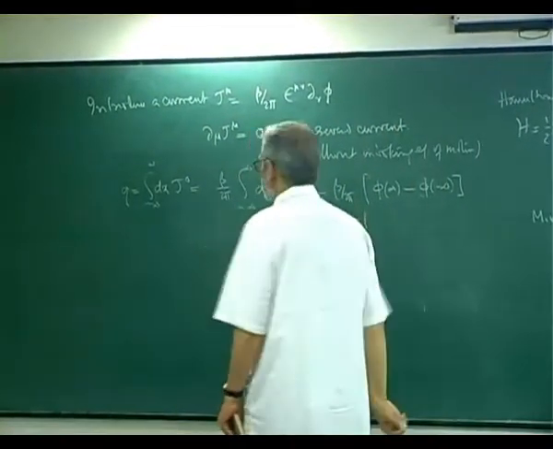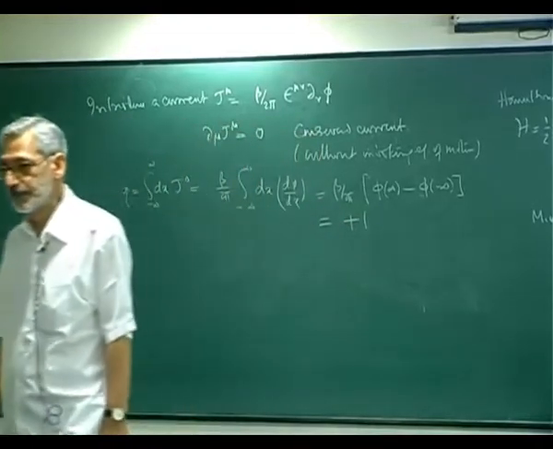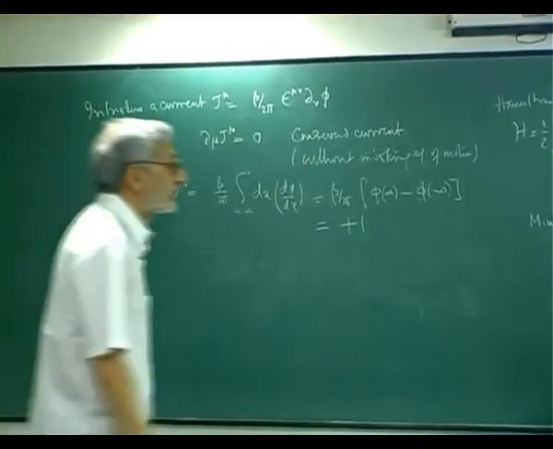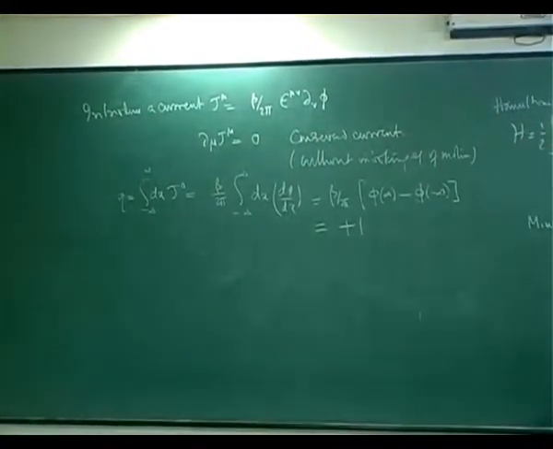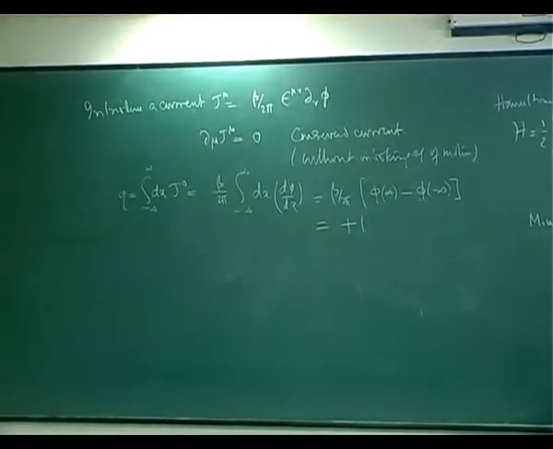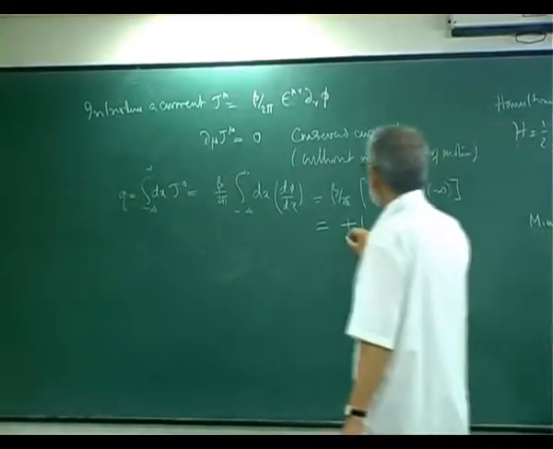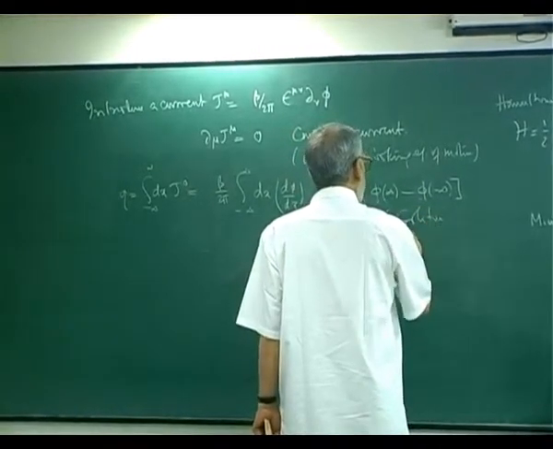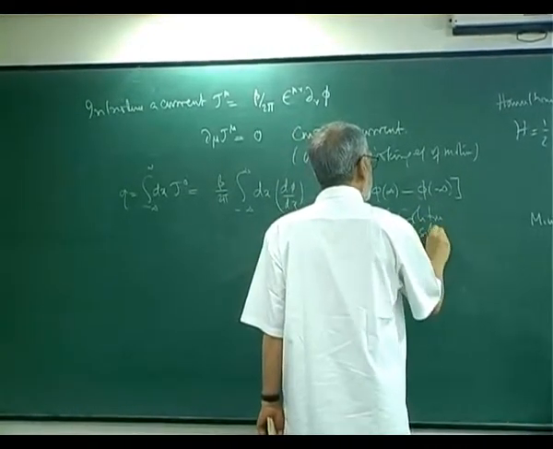So that is plus 1. And for the second configuration, where beta phi at plus infinity is 0 and at minus infinity is 2 pi, this object is minus 1, for soliton and anti-soliton.